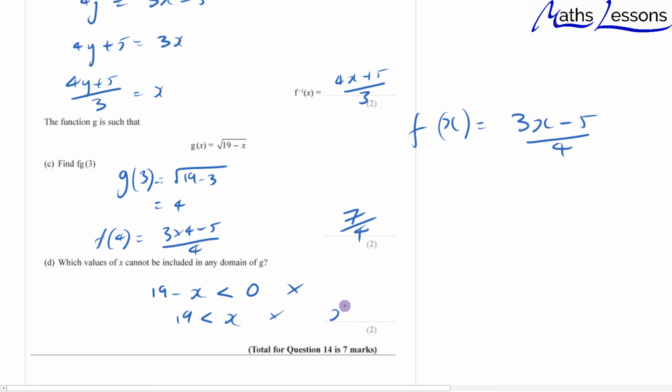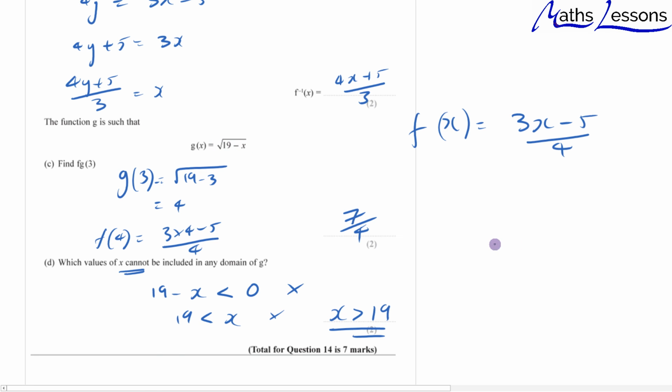So x can't be bigger than 19. Either less than or greater than 19, which of those can be included? If it says what cannot be included, then I did that the right way around. That's greater than 19 that can't be included. We need a positive thing. Therefore, x is less than 19. So you'll get a positive.